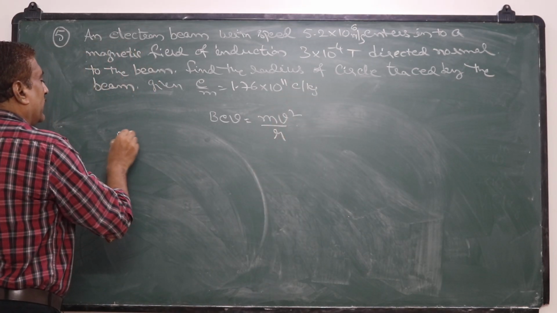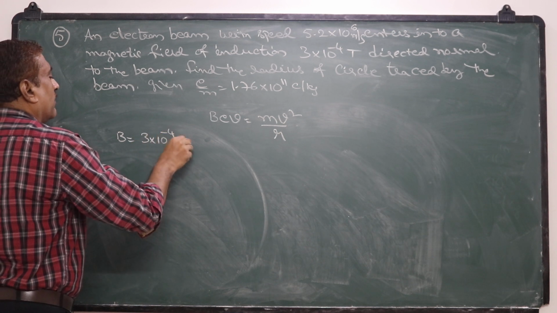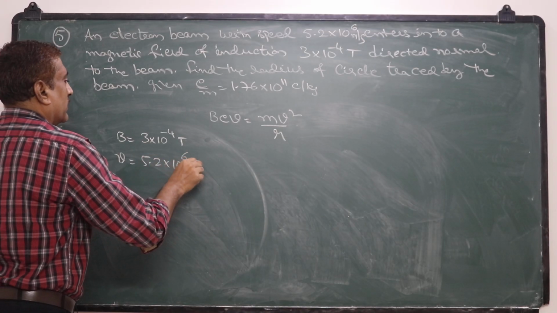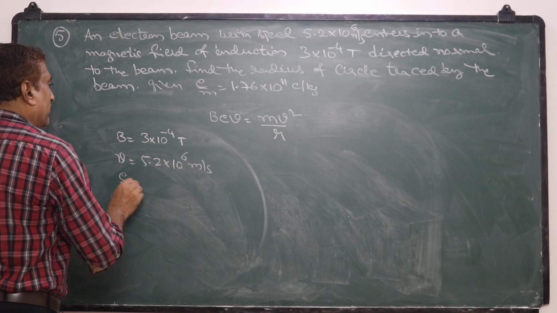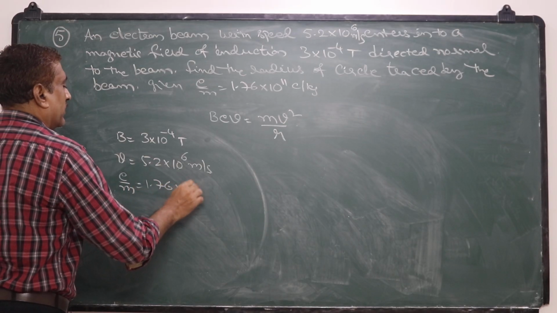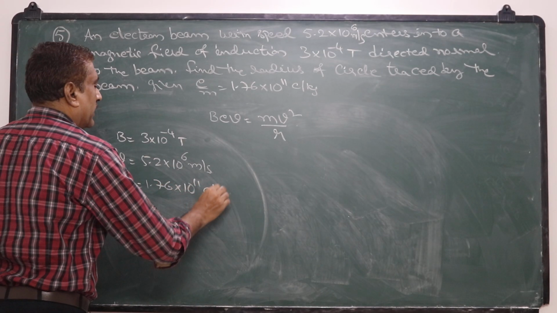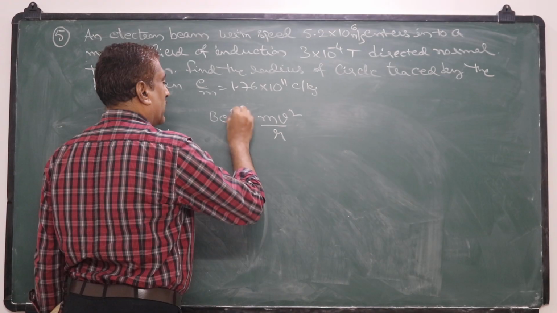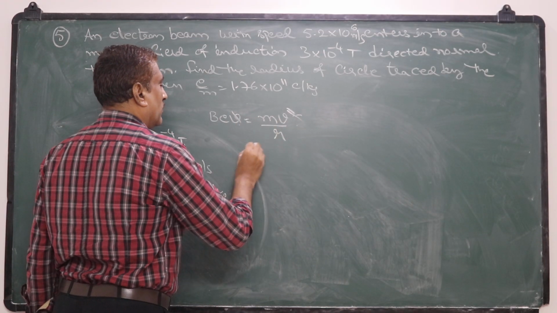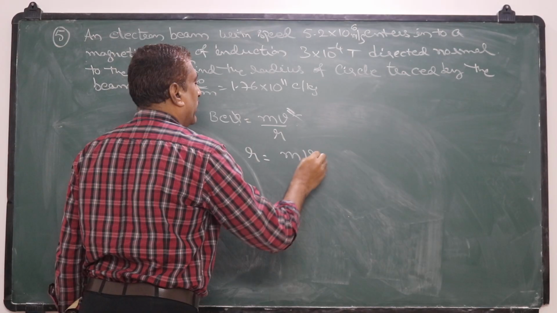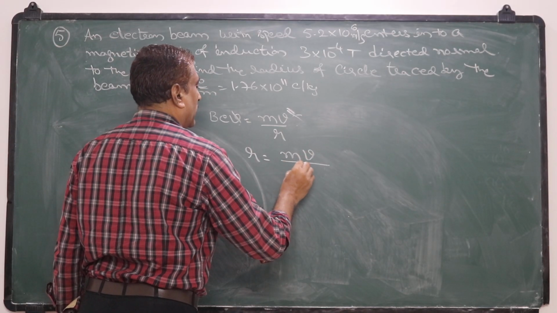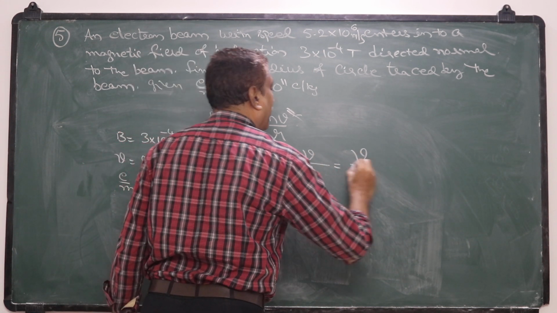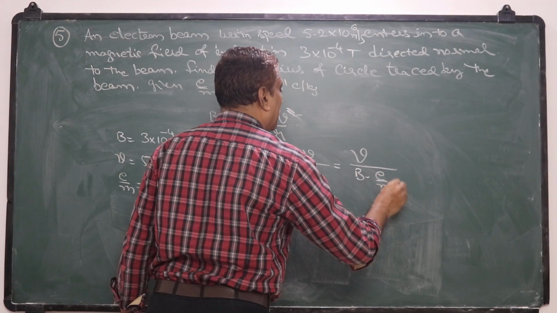So in this problem B is 3 into 10 power minus 4 Tesla and V is 5.2 10 power 6 meter per second, and they have given e by m as 1.76 10 power 11 coulomb per kg. So from this we can write like this. So we can cancel out first V. So r is equal to mv by eB. So this can be written as V by B into e by m.